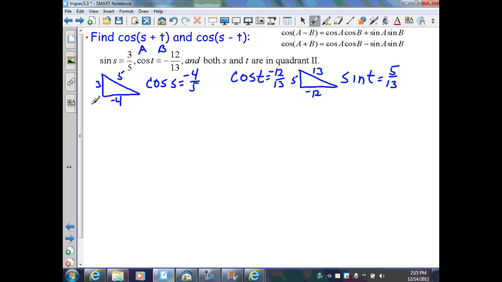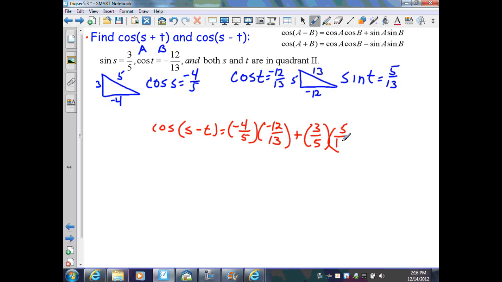Now I need to find cosine of s minus t. To do that, I'll use my difference identity. So I'm going to need cosine A, which is cosine s, which is a negative 4/5, cosine B, which is a negative 12/13, plus sine s, which is 3/5, times sine B, which is sine t, which is 5/13.